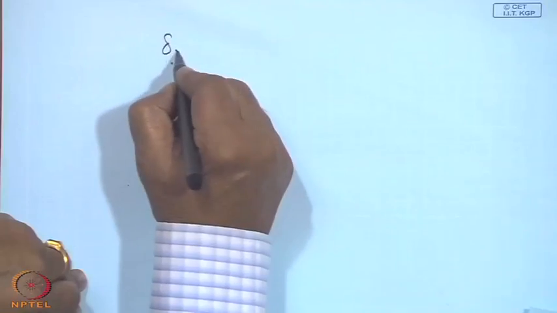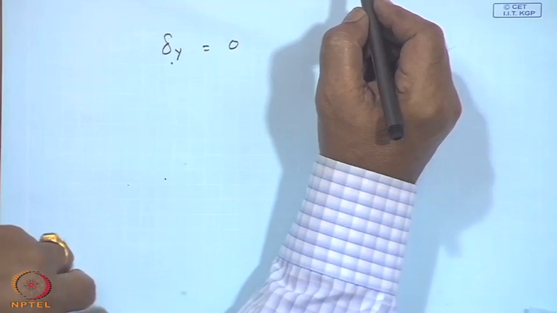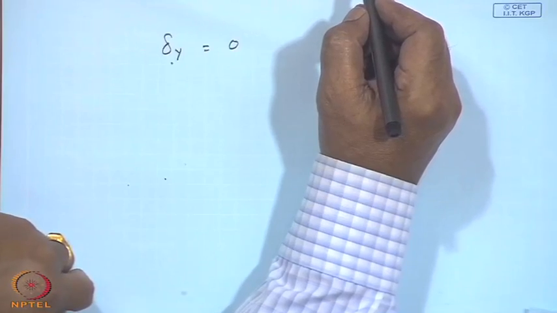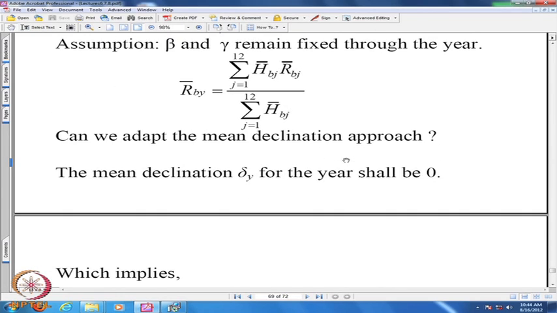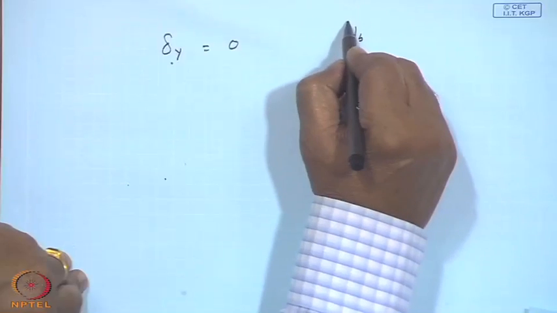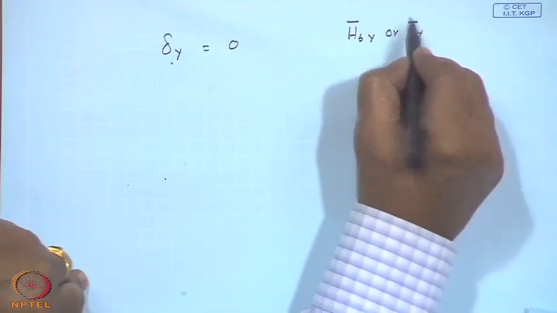if I try to do that, a simple-minded delta_y will be 0, because it changes from minus 23 to plus 23. I take the average and I will get 0, seems to be simple. And in other words, I am given, let us say, H_b bar_y or H_y bar, from which I may be able to calculate diffuse radiation and then the direct radiation.